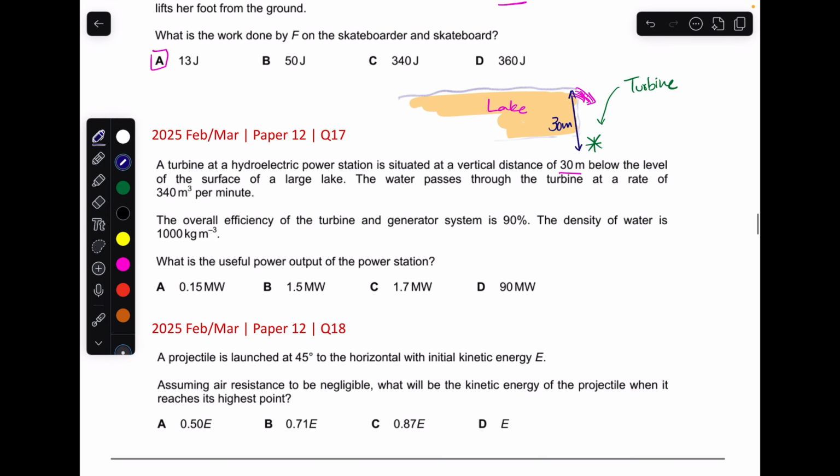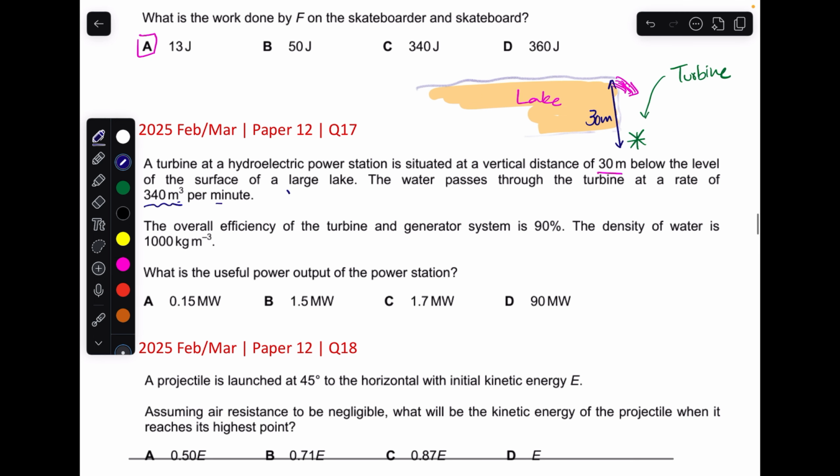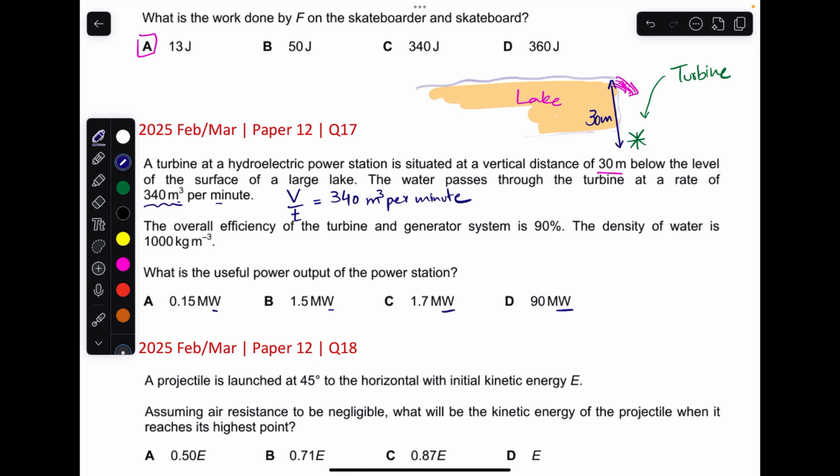Okay, the water passes through the turbine at a rate of 340 meter cube per minute. Meter cube is volume, and this is per second. If you see, all the options are in watts, so you have to convert this into SI units. So minutes will be changed into seconds.